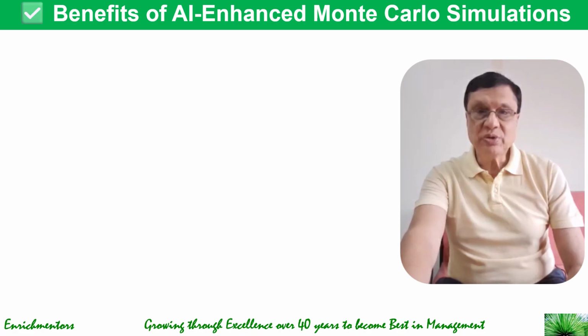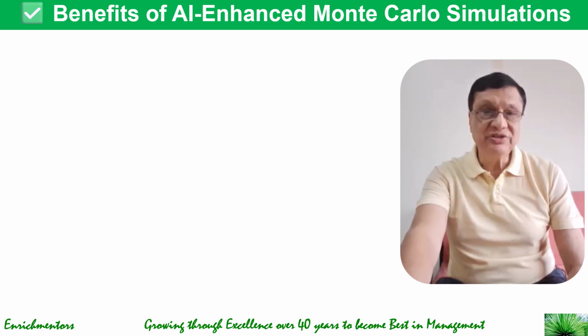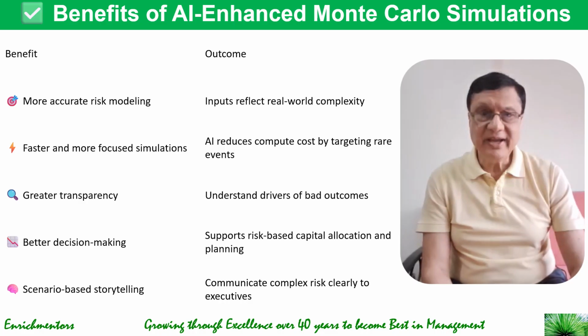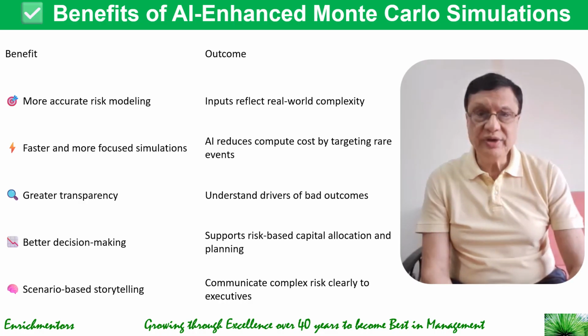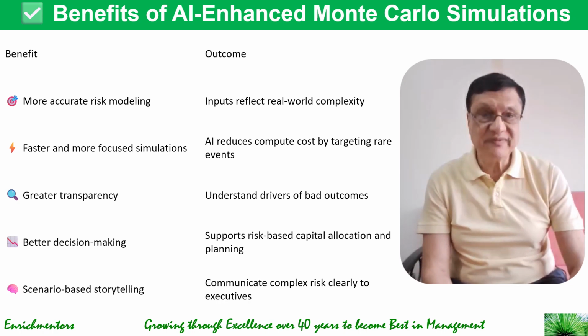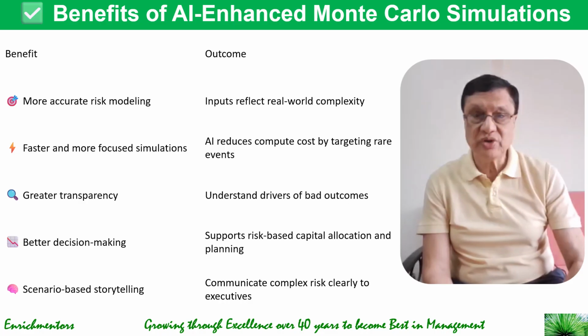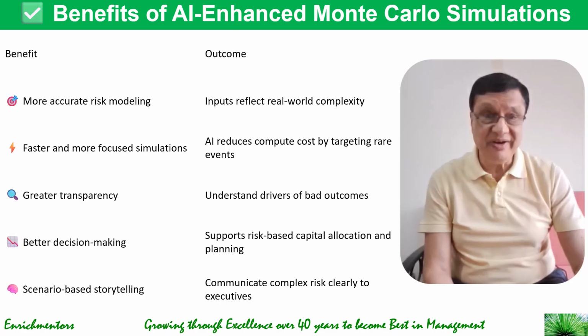So what are the benefits of AI enhanced Monte Carlo simulations? First, it does more accurate risk modeling, and that leads to inputs reflecting real world complexity. Then also it is faster and more accurate in terms of its simulations, and this helps AI reduce compute costs by targeting rare events.